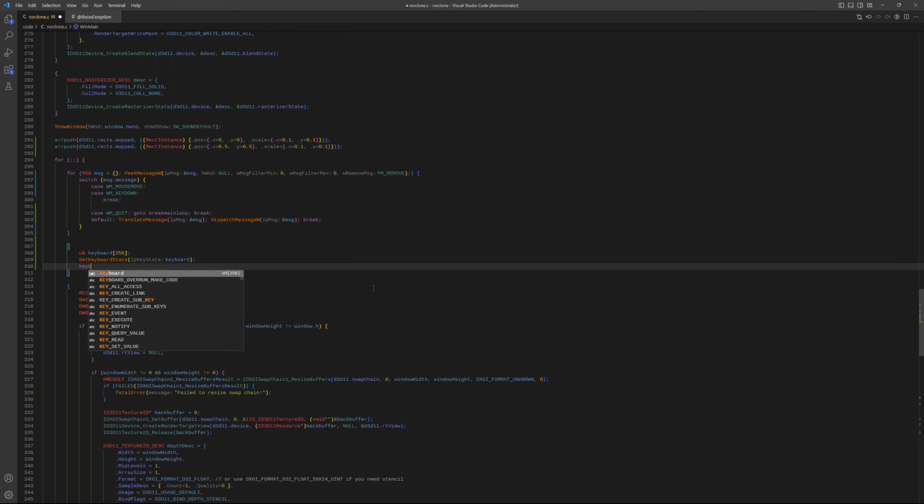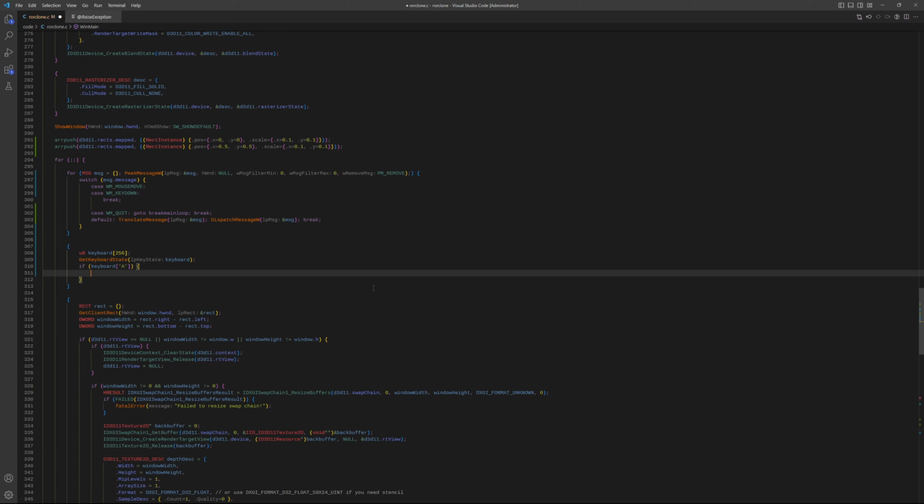So like if keyboard VK, well, I mean capital A, then let's just do something here, like go into that D3D11 mapped pointer 0, position x minus equals 0.01, something like this.